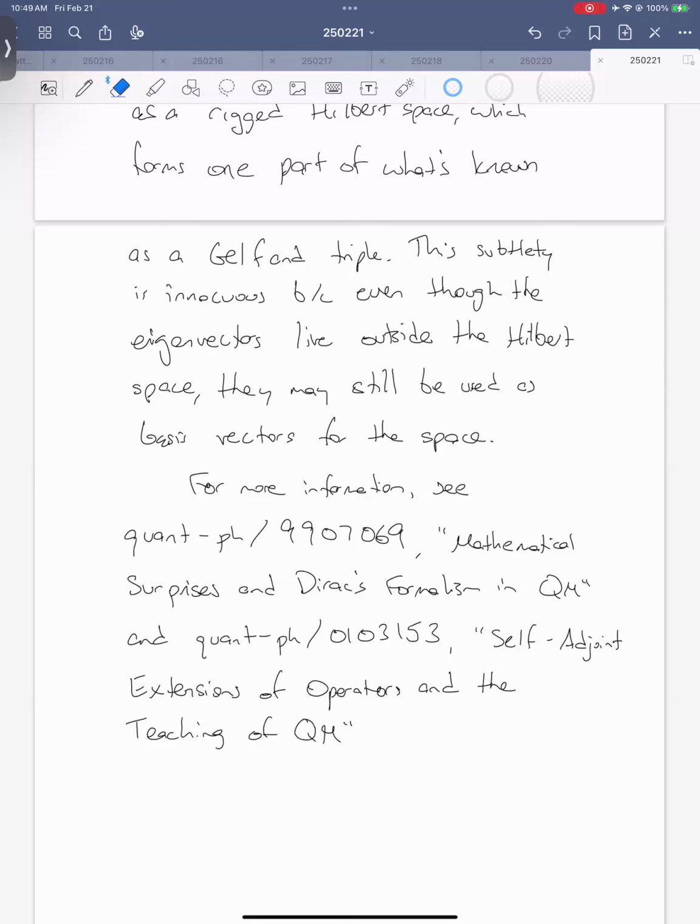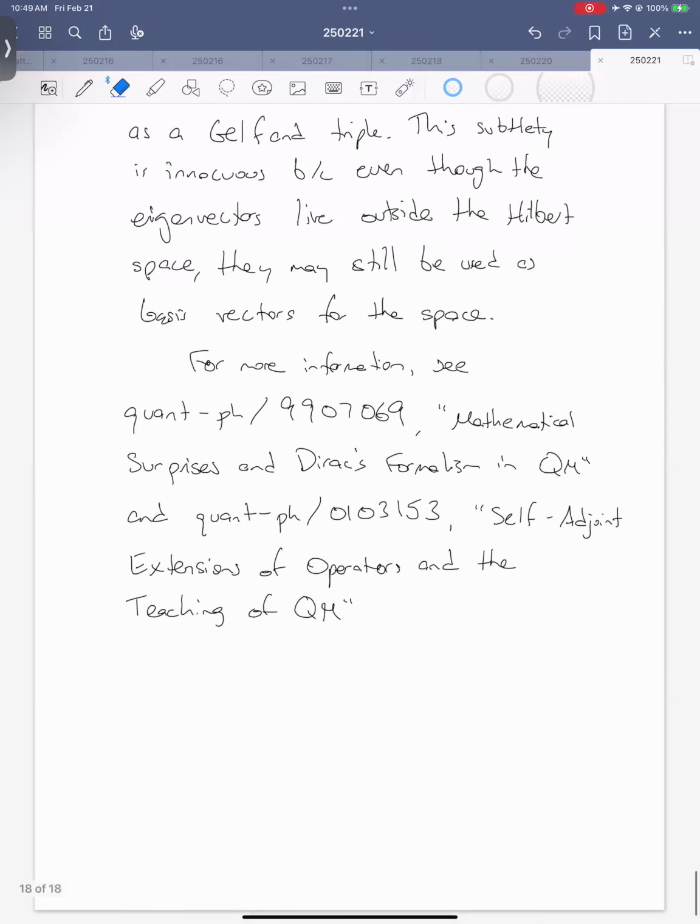Great. I want to sneak one last concept in, which will finish out the section on subtleties: do operators need to be Hermitian? So if you want to be strictly, super mathematically careful and make sure that everything is going to absolutely work without any subtleties, such that, for example, your eigenvectors live in the vector space itself, then you need to ensure that your operators are not actually just Hermitian. They need to be more restrictive.